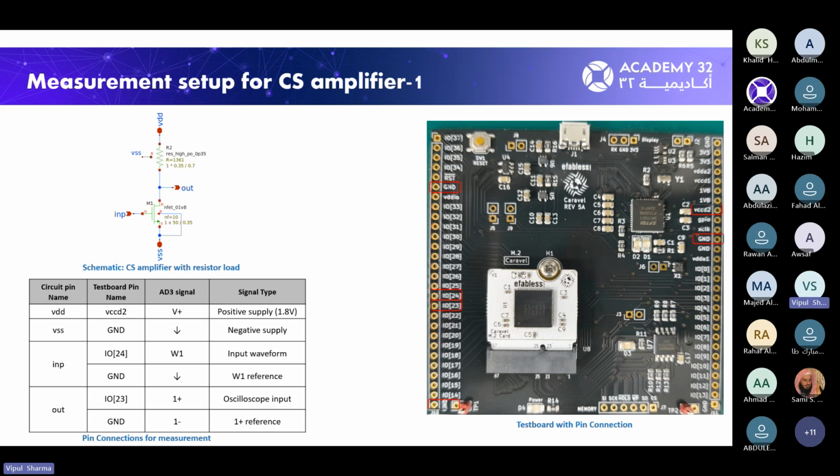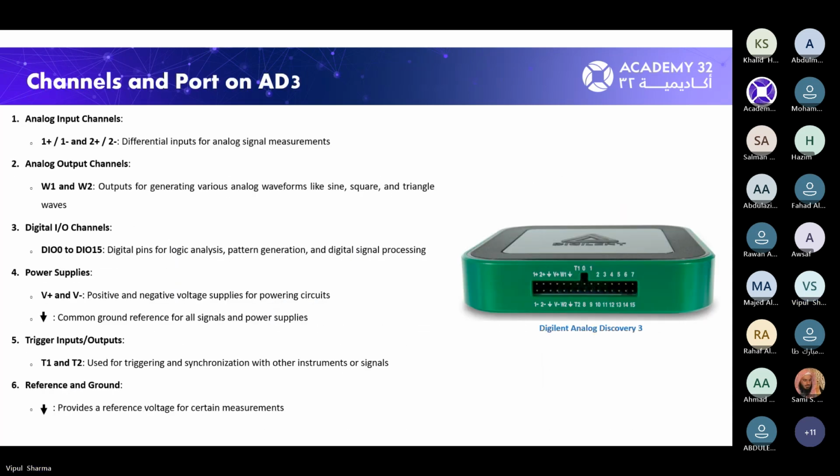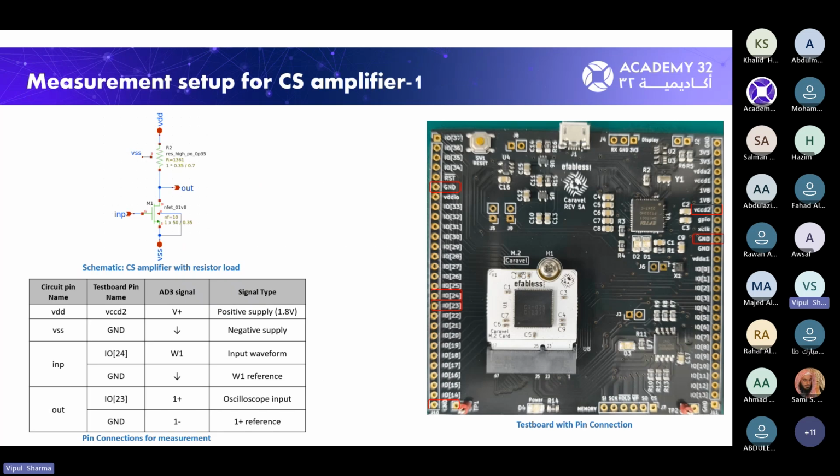For example, in our case, let me go back. This is the circuit which we want to measure. It has 4 ports: INP, PSS, out, and ground. We need to apply signals to all these ports so that we can do the measurements: input, output, and power supply. So for that, we need to know which of the pins is going to my required ports of my circuit.